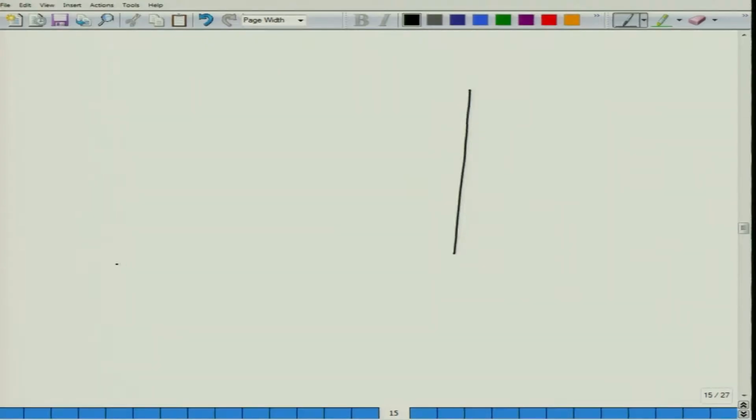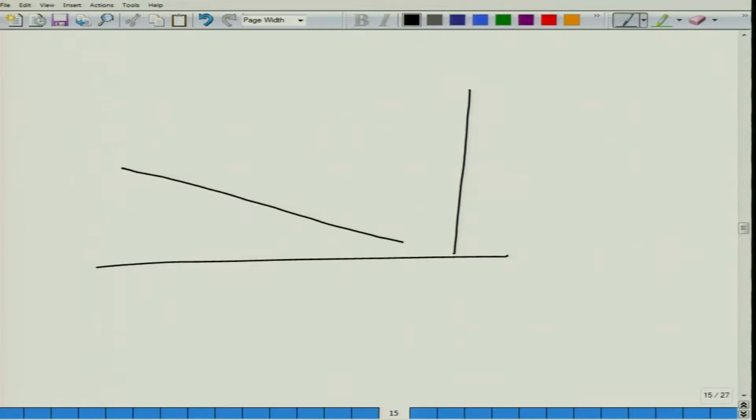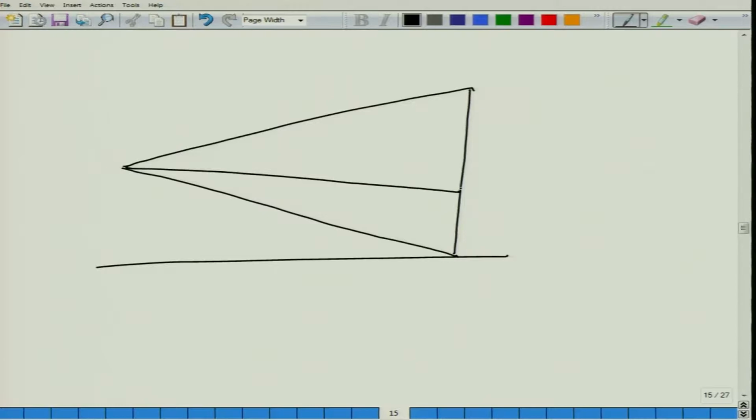So, we have a tree, this is our hypsometer, and we are given that the height of the tree h is equal to 24 meters, the length of the hypsometer or h prime is equal to 33 centimeters, the length of the staff or small h is equal to 4 meters.